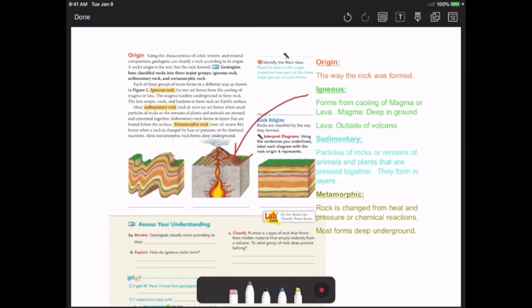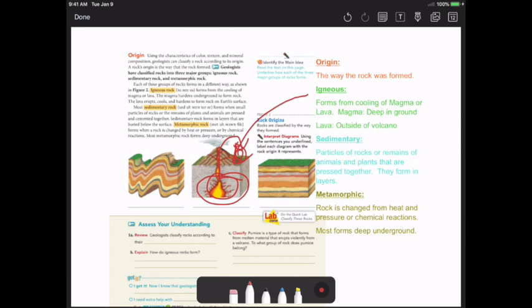So it hardens when it comes outside. So igneous rock hardens deep inside the earth with magma, or it can cool outside, and that's lava there, where it cools outside and forms rock. And we'll talk about igneous a little bit later.